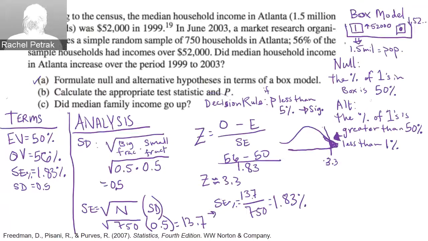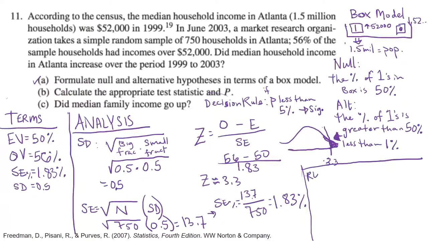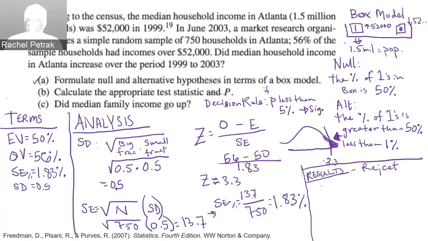Yes, we will reject. It's clearly in this column. 5% will be way out here. And it would still be the rejection region. So did family income go up? Yes, family incomes went up.